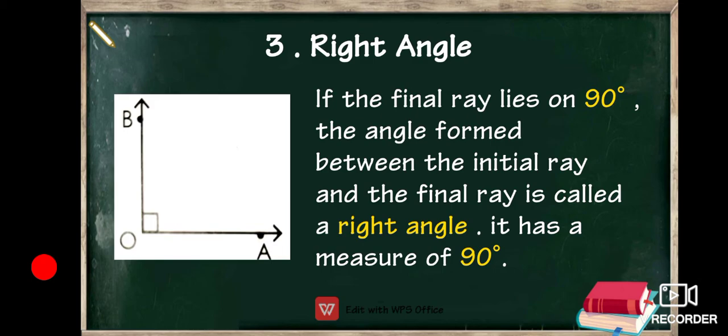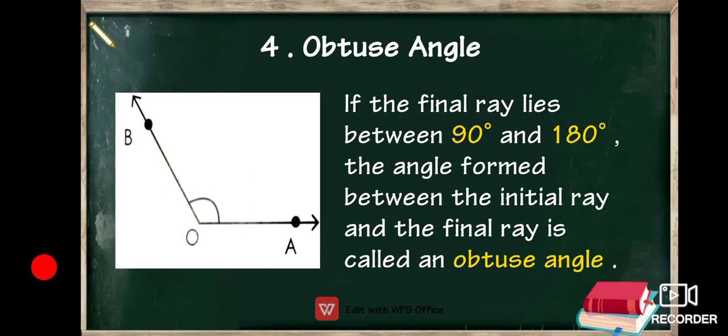So we can move on to the next type, that is the obtuse angle. Obtuse is somewhat like big, right? An obtuse angle is nothing but when the final ray lies between 90 degree and 180 degree. It means that from 91 degree till 179 degree is known as an obtuse angle.